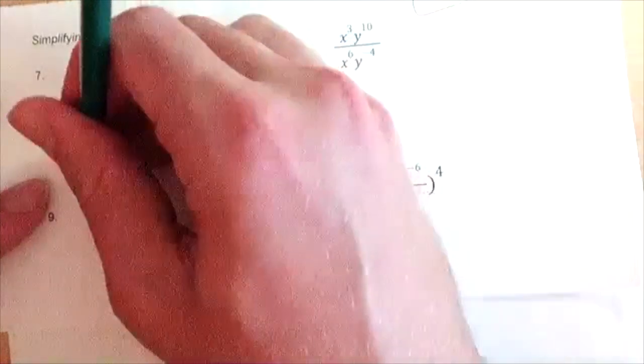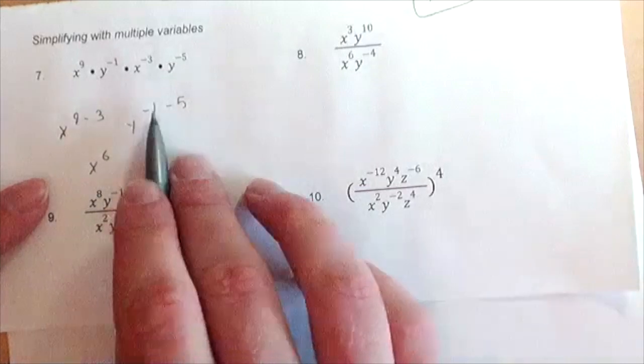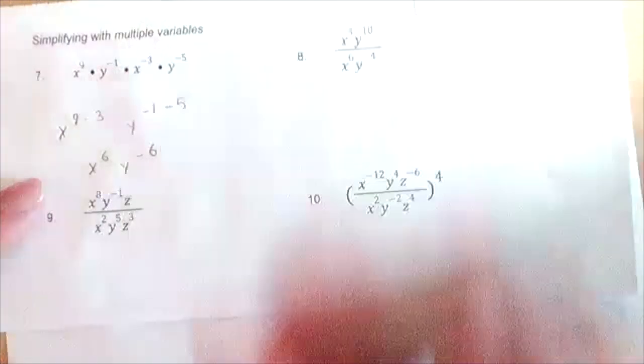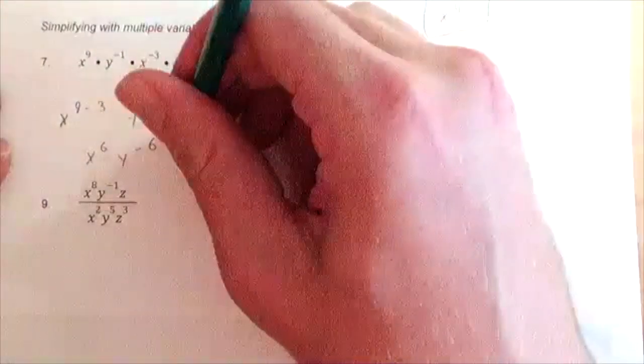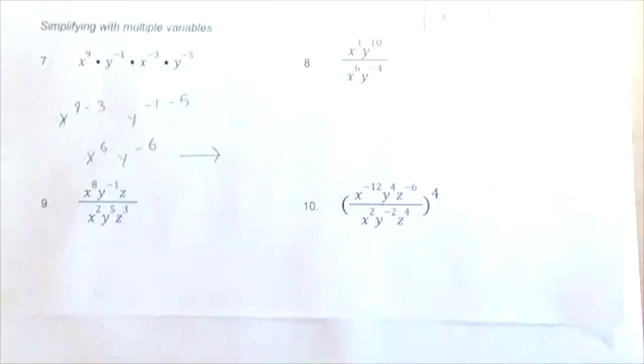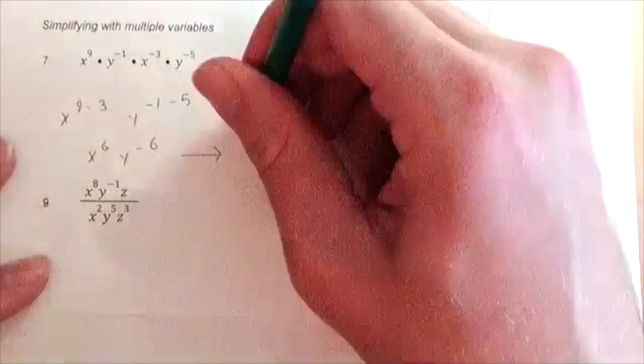Here, we get x to the 6. And then here we get y to the negative 1 minus 5, or y to the negative 6. Now this is the answer, but it's not perfect because we don't want to circle a negative exponent.